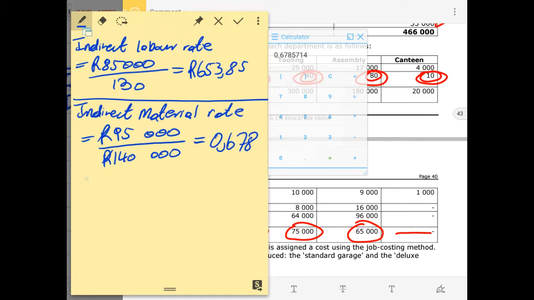Then after we allocate in the tooling department, we will see 0.678 times by 75,000.